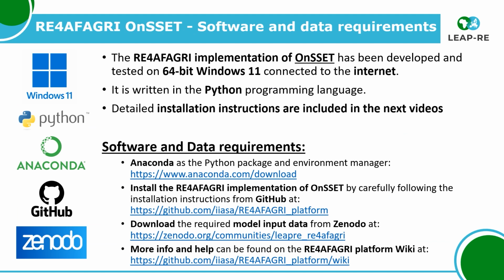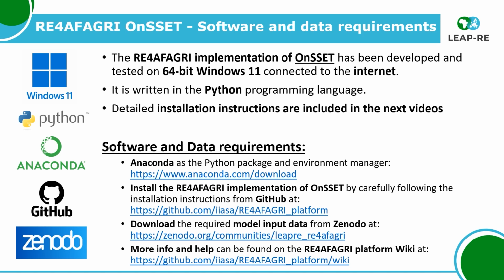To get Onset running on your computer, you will first need to make sure that you can meet the software and data requirements. The RE4AFAGRi implementation of Onset was developed and tested on a 64-bit Windows 11 environment connected to the internet. It's written in the Python programming language. Detailed installation instructions are included in the next videos.